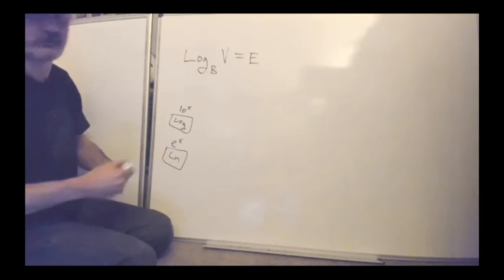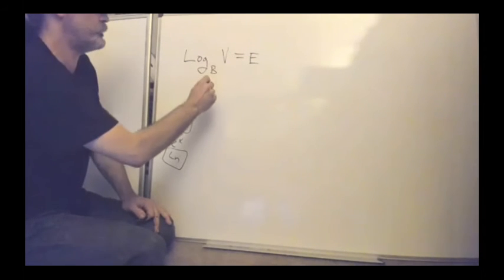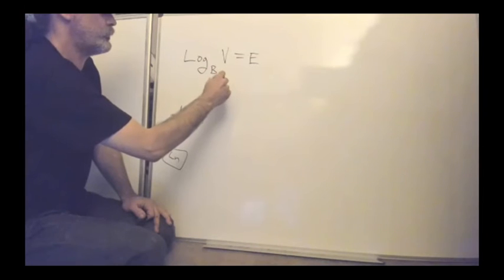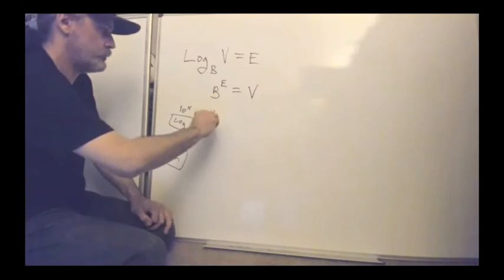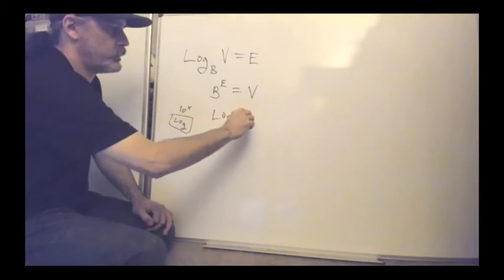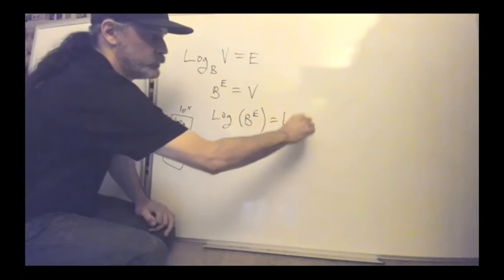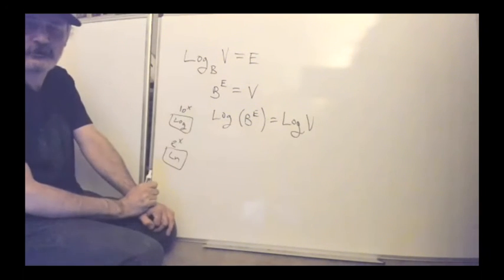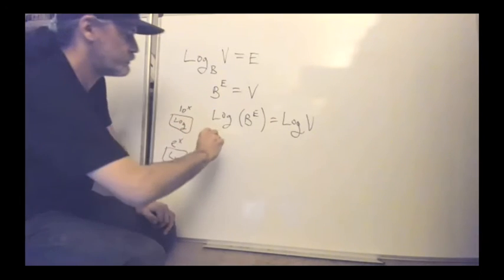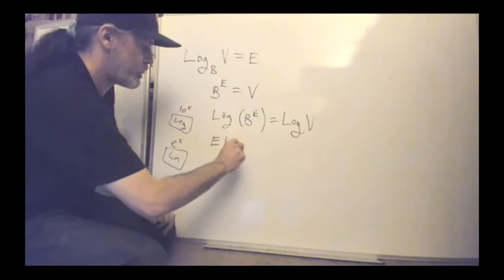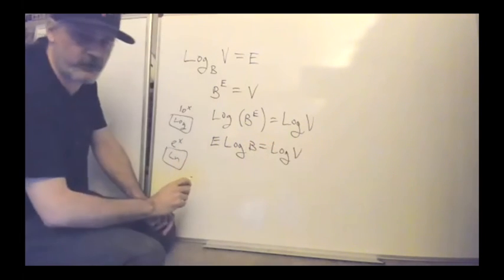Okay, so how do we do this? Well, let's go ahead and rearrange this. So the base has the exponent, and that equals the value. Okay, now let's log both sides. As soon as we log both sides, we're converting to base 10 and using the exponents. And remember the power property? The exponent multiplies to the log. And then you divide.